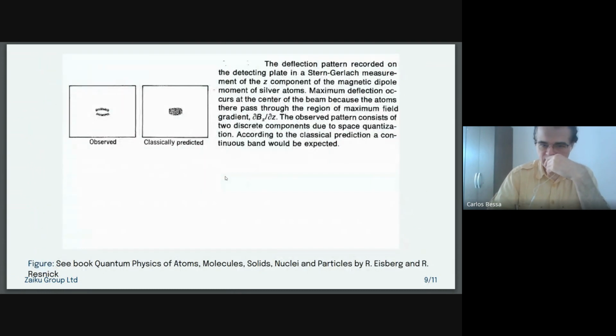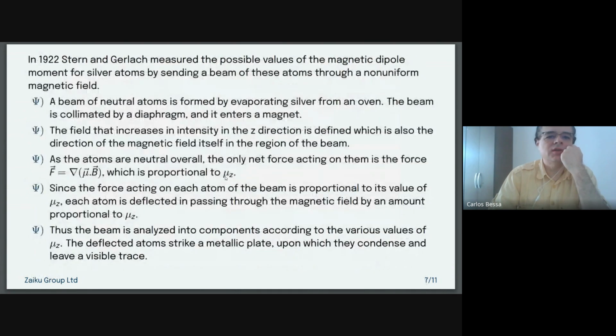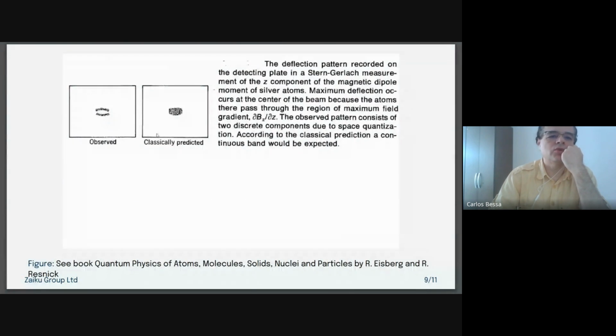I didn't put it here because we are interested in discussing not the agreement, but the things where different interpretations of quantum mechanics disagree. So this is just to give an idea of the experiment, the classical prediction and the quantum prediction. So this is the observed and the quantum prediction.